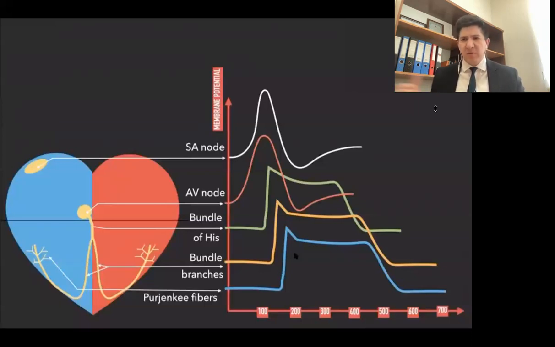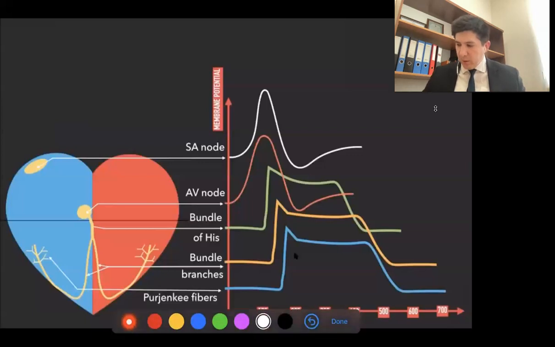If you remember, in the previous lecture we discussed this part. The membrane potential is going to increase inside of the cell, and the charge inside is going to be positive and the charge outside is going to be negative. So we are going to have the depolarization.